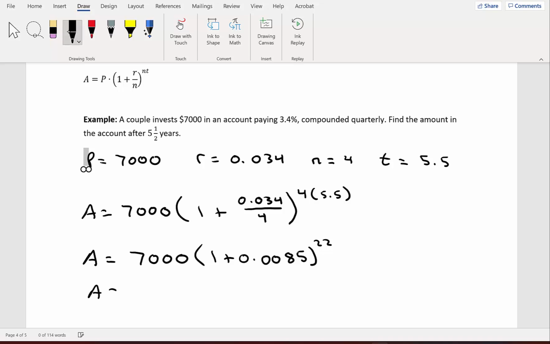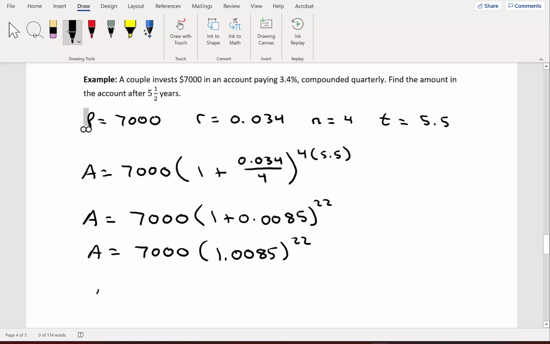Let's simplify a little bit more. A is equal to 7,000 times 1 plus 0.0085, which gives us 1.0085, raised to the 22nd power. Now we just have to put this into our calculator. In your calculator, you're going to put this expression in first: 1.0085 raised to the 22nd power. Now we get an answer.